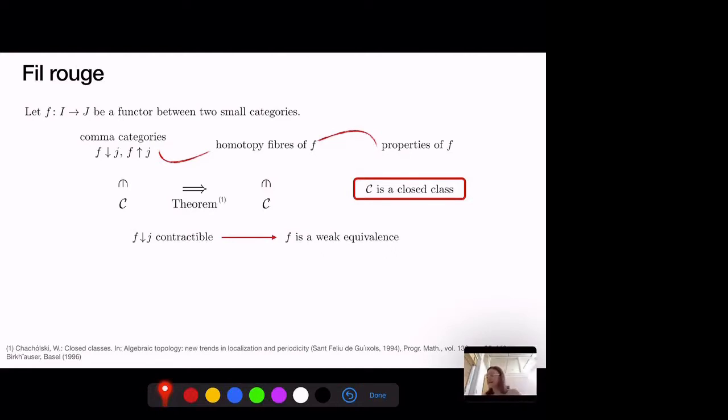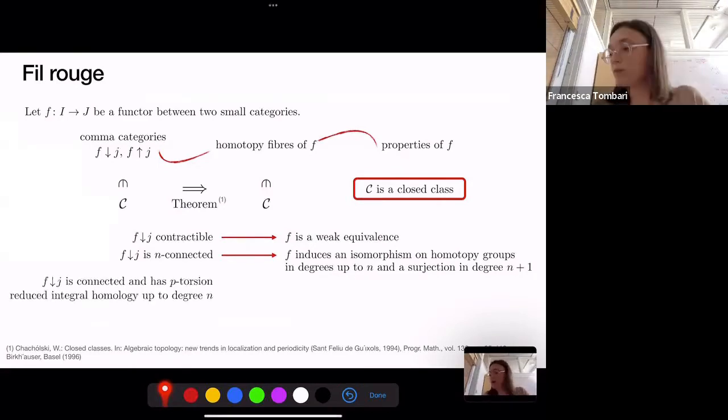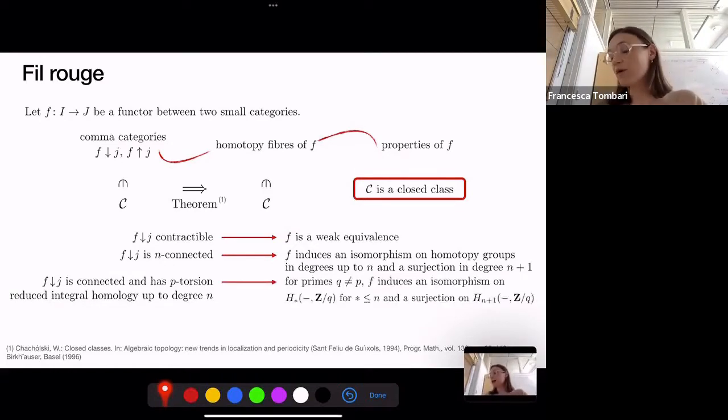Thank you. Another example: if all your comma categories are n-connected, then it turns out that F induces an isomorphism on homotopy groups up to degree n, and a surjection in degree n+1. We are going to see an example of this. Or even more, if you have connected fibers with p-torsion up to degree n, then F also induces an isomorphism up to degree n in homology, but with coefficients in Z_q with q another prime different from p.